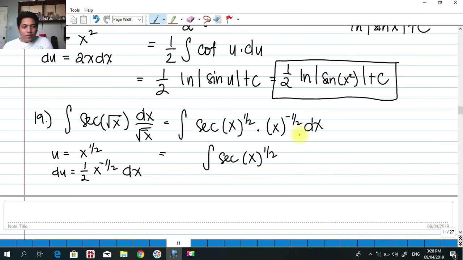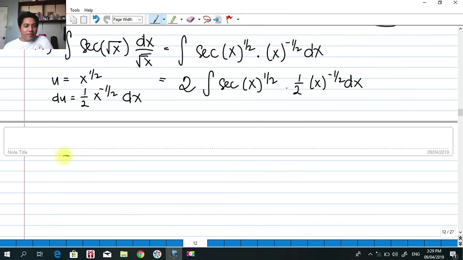So we can multiply by 1/2 so that x raised to negative 1/2 dx, this whole expression, will become du. But we have to offset that 1/2 by adding its reciprocal, 2. So we have 2 times the integral of the secant of u, because u is x raised to 1/2, times du.